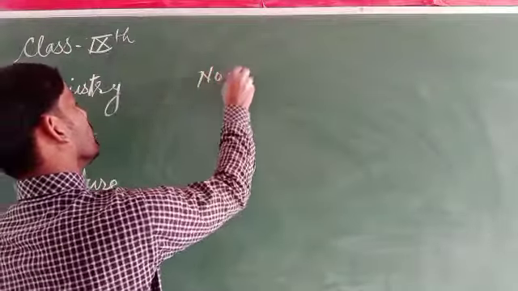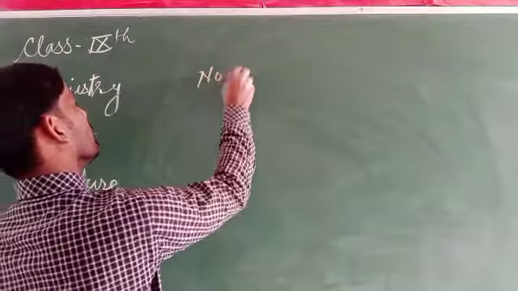In another way, we can talk about the number of electrons. We know that in an electrically neutral atom, the number of electrons is equal to the number of protons.